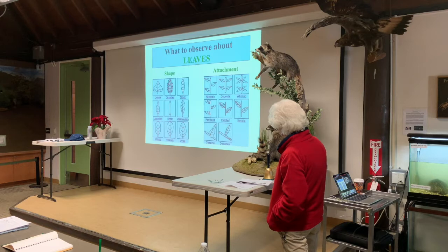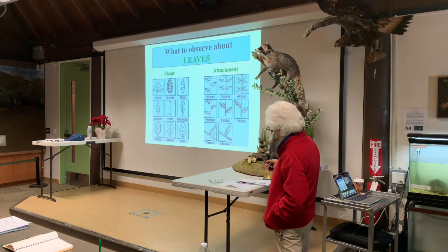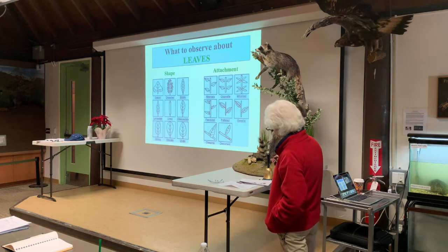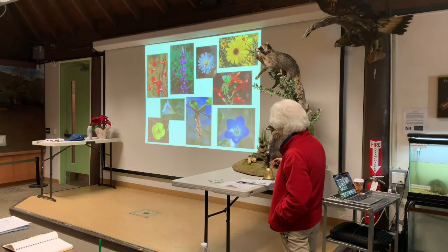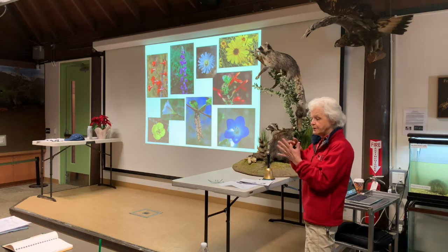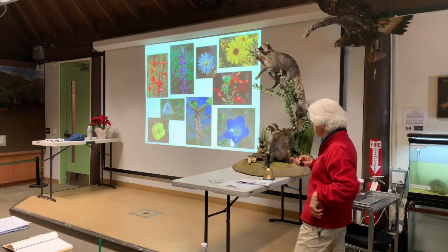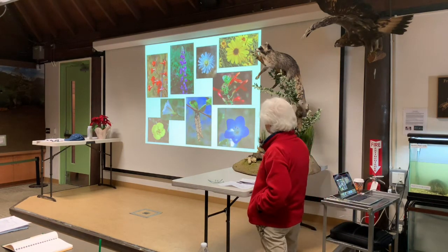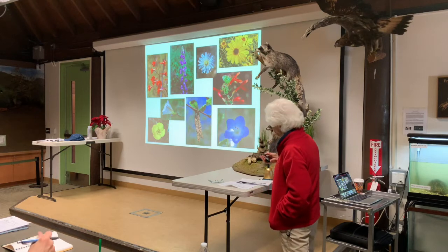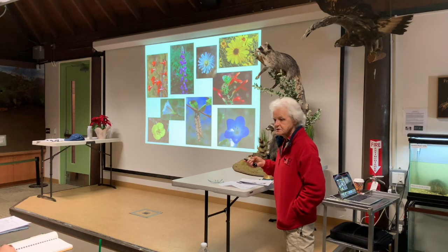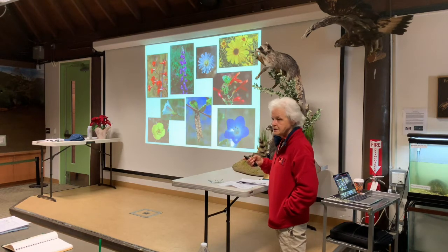Here, sessile, they don't have a little stem. And then the other one is, is the leaf palmate or compound? Does the attachment of the leaf to the stem have a purpose, or is it just for identification?